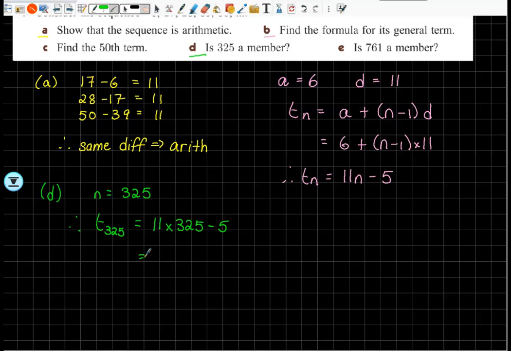Don't hurt your heads, plug it in your calculator and away you go. The question on the 325th term, is that different to member term? Same thing. So they're trying to just show you.